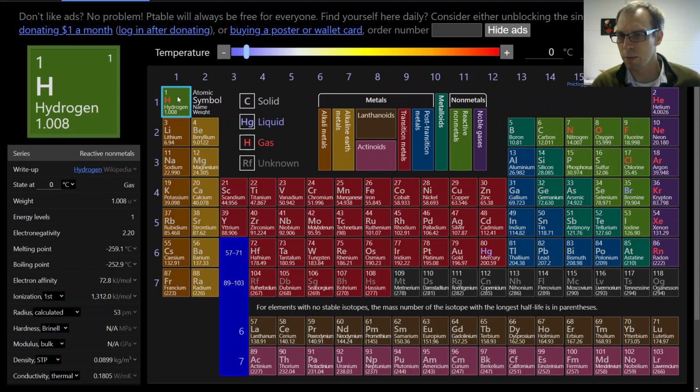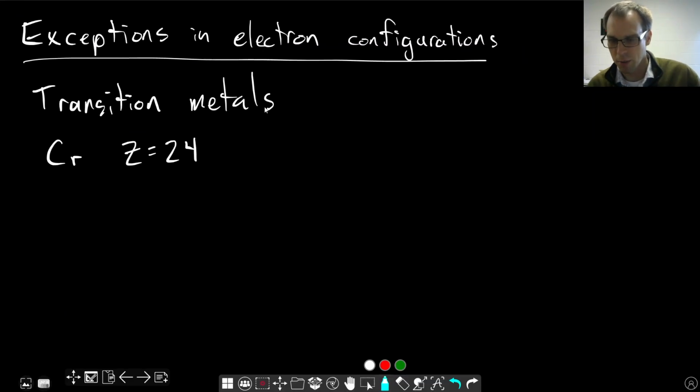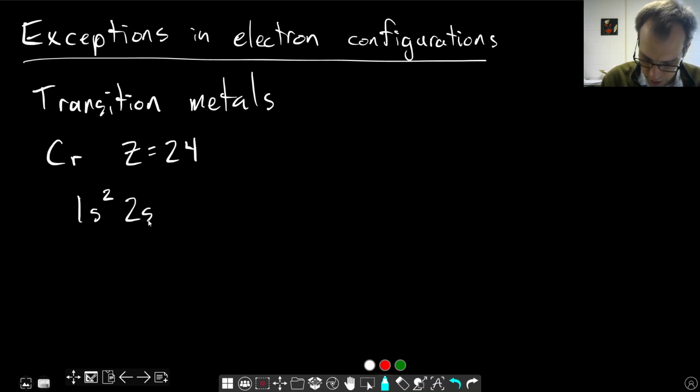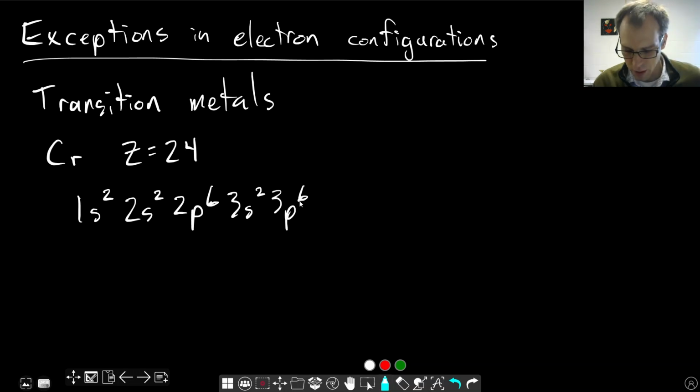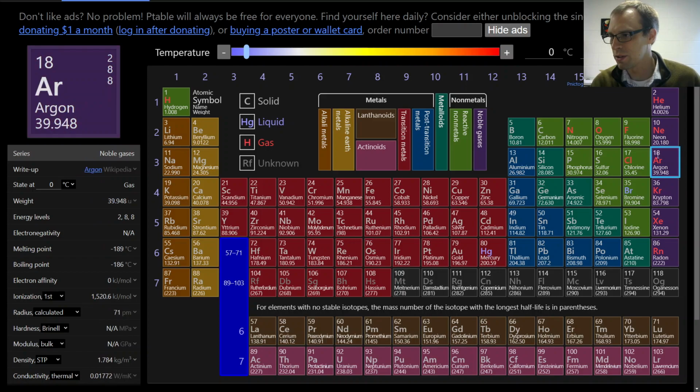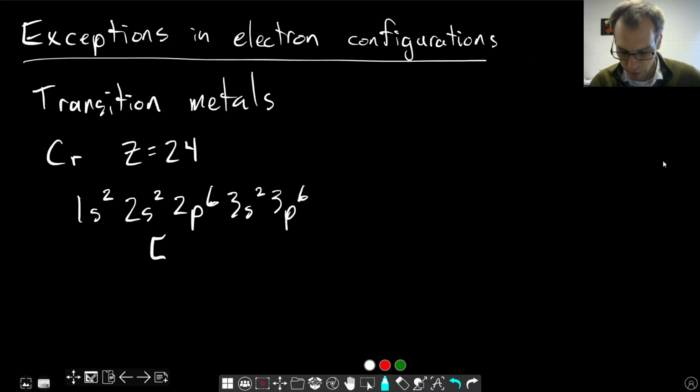So we're going to fill the 1s, 2s, 2p, 3s, and 3p orbitals, and those are all going to be full. As a quick review, we could write the electron configuration for this as 1s2, 2s2, 2p6, 3s2, 3p6. And this is equivalent to an argon core.